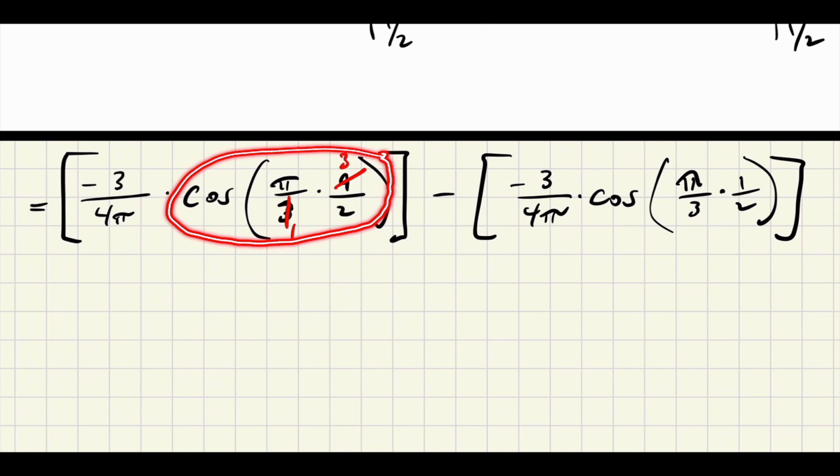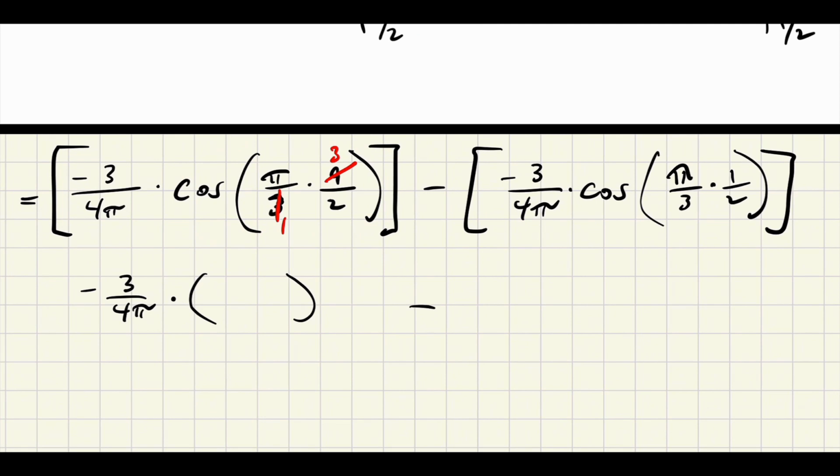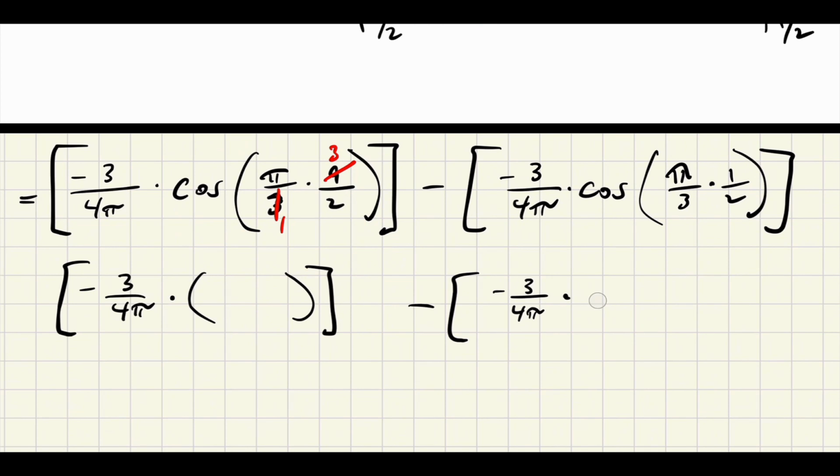So I got to figure out what is cosine of 3 pi over 2. So what is cosine of 3 pi over 2? 0.